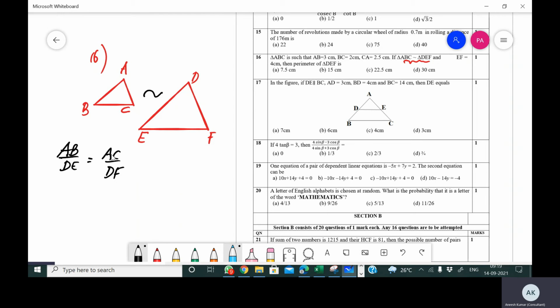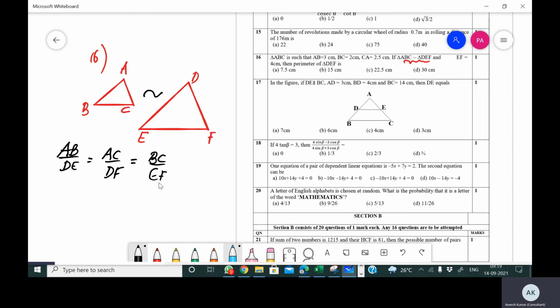It means, suppose the first side is halved, then every side is halved. Okay, if one side is doubled, every side is doubled. That is the meaning of ratios are equal. Is equal to BC by EF.